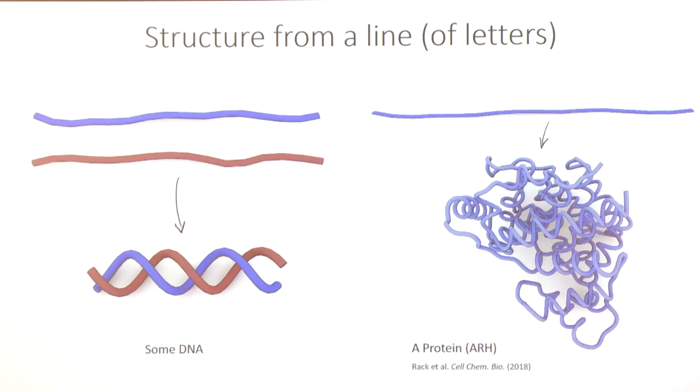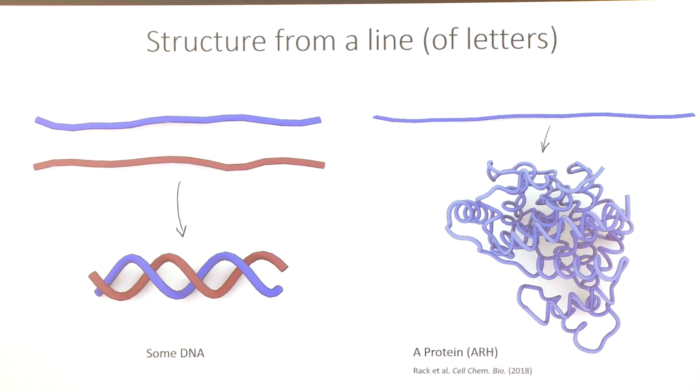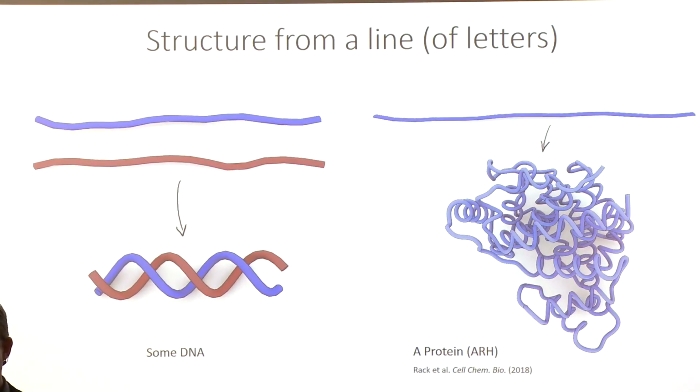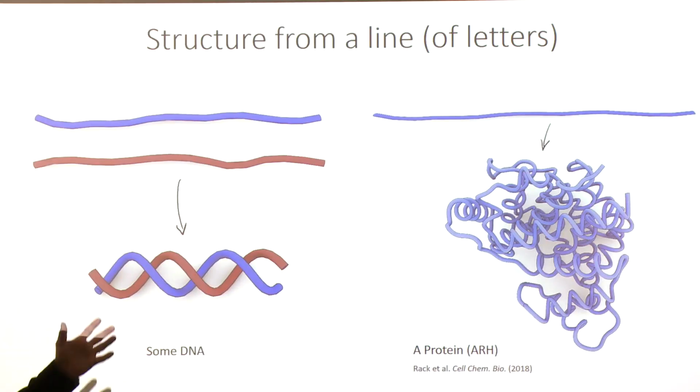Any strand of letters can take form and structure, and in biology this is usually done by sequence-controlled polymers. Just as my words that I'm speaking to you right now will hopefully change the structure of your brain, at least for a few minutes before you forget about this talk. Structure in biology is also just a string of letters or words.